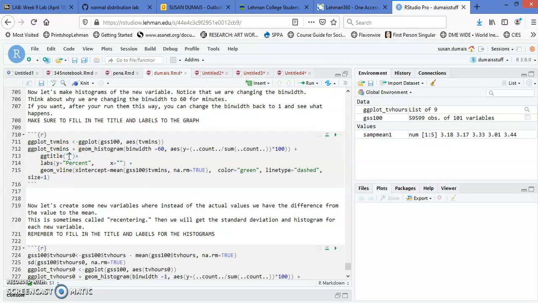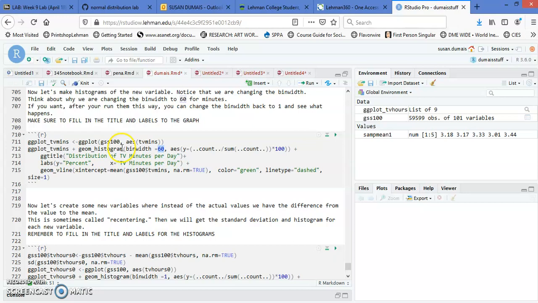So we're going to do distribution of TV minutes per day, and then for our X variable, let's say TV minutes per day. Again, note how when we were making our histogram for TV hours, we had a bin width of 1.